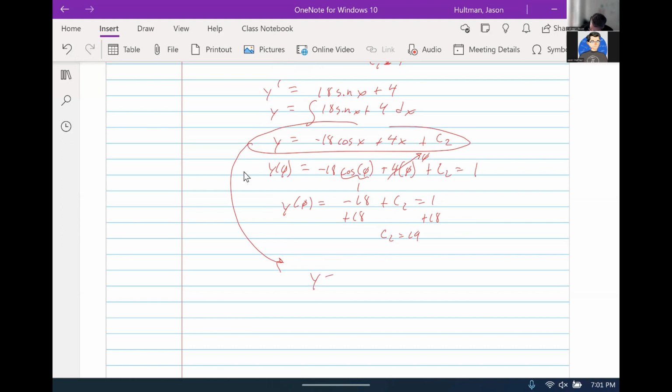We get y equals negative 18 cosine x plus 4x plus 19. And that's my particular solution. Okay, I think that's it for section 1.2, and I will see you in the next section.